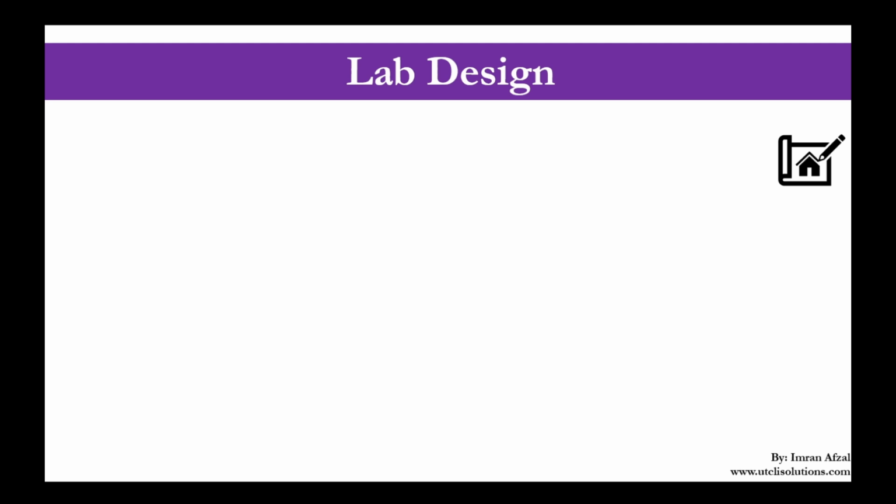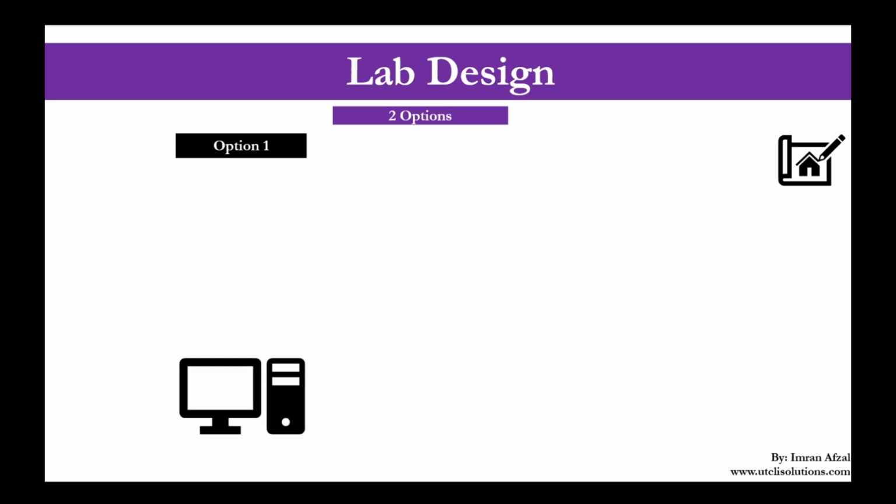Moving on to the detailed design of our lab. So we have two options here. Option number one, we have to find a computer, a desktop or a laptop. And let's say your laptop is running Mac OS or Windows. That's perfectly fine.